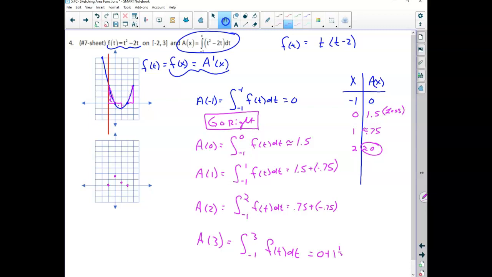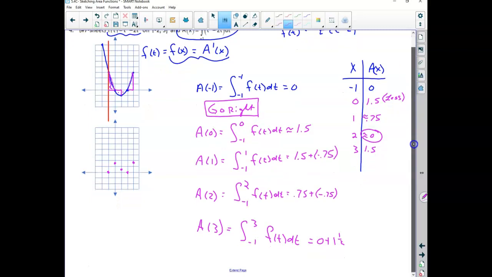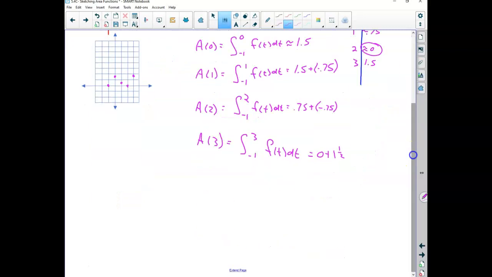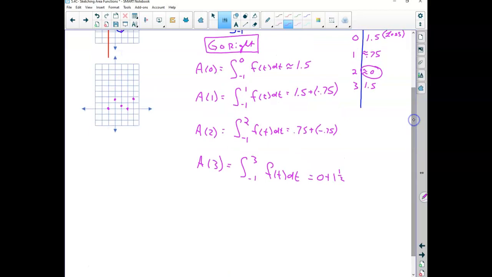So 1 1/2. So I'm going to throw this back at 3 at about 1.5-ish. And I'm going to throw this back up around in here with my calibration. So I still got to go left yet, don't I? And I'm seeing everything I need to see in here. I still need to go left.